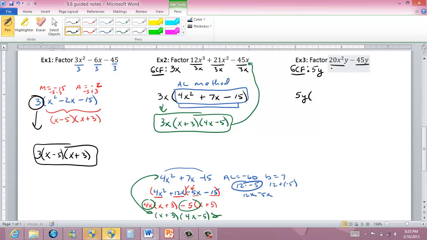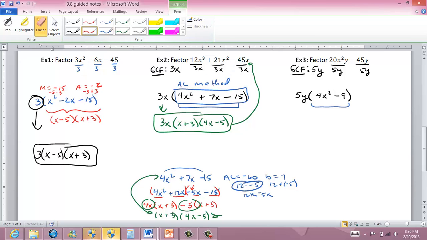Now, when I divide both of these by 5y, I'm left with 4x squared minus 9. If I look at this remaining polynomial now, anytime I have a polynomial with two terms linked by subtraction and subtraction only, I'm basically going to see, can I use the difference of two squares?